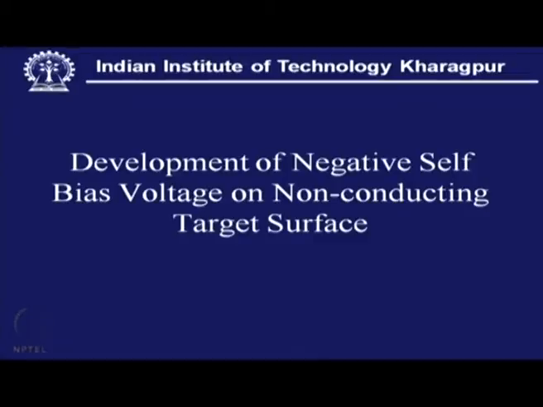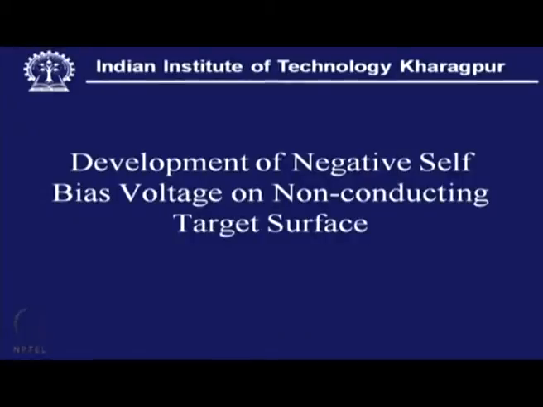Now, this development of negative self-bias voltage on a non-conducting target surface, we have been discussing how it is developed, but this can also be explained in another way. Let us have a quick look here.